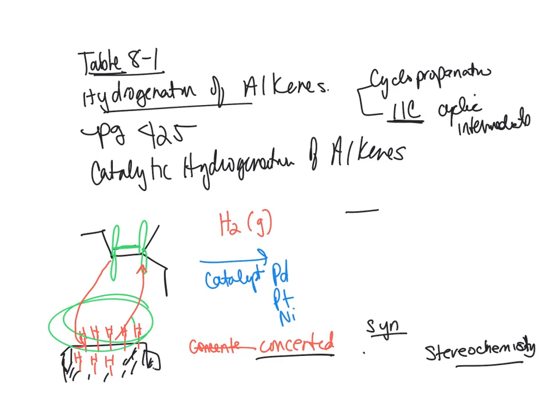Okay, so that means you have to add this with either both wedges or both dashes. Either way is correct. But the hydrogen will add, I should make it red, will add to both of these. Keep in mind you already have a hydrogen on there. So that's syn hydrogenation.